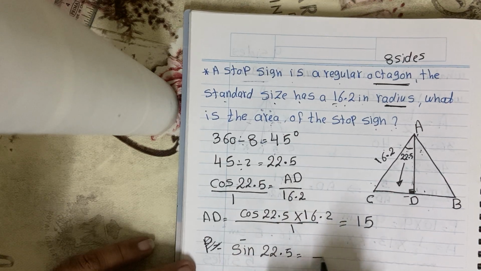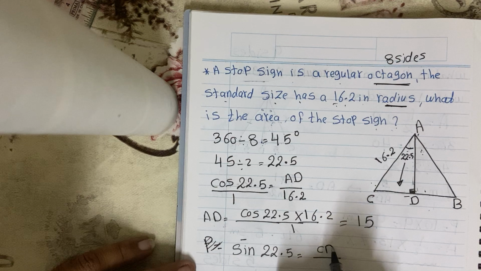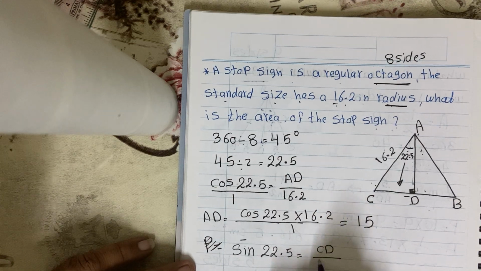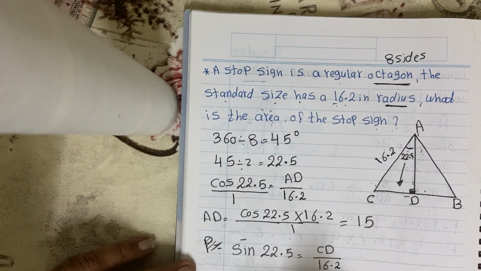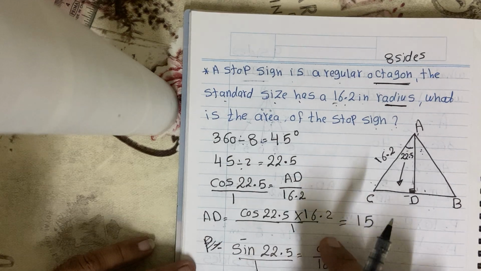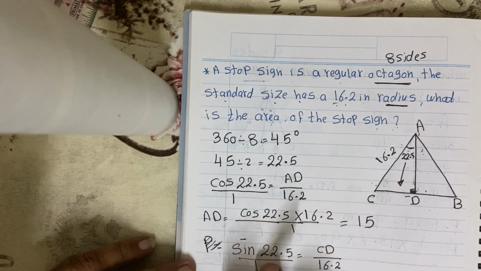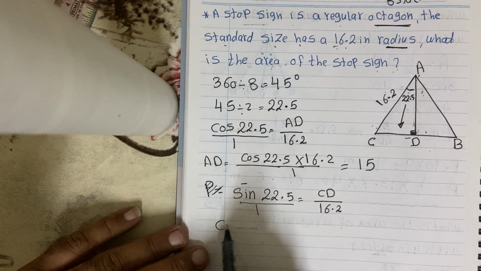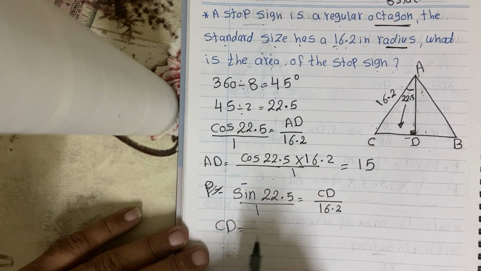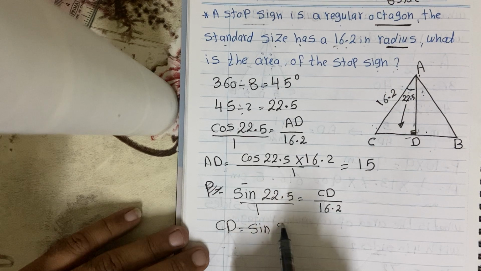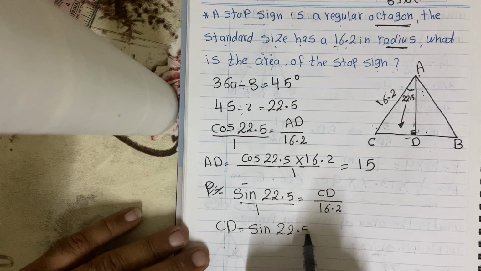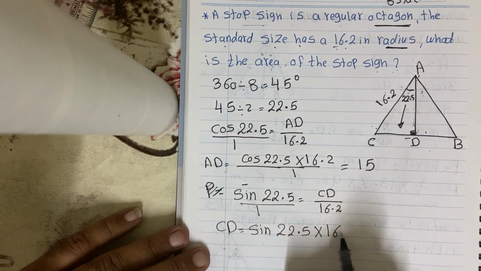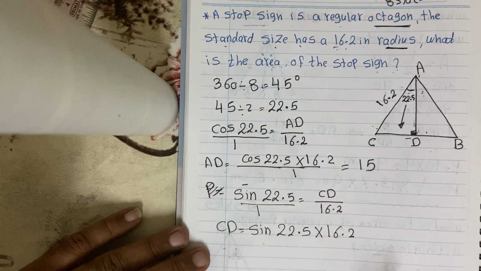Sine 22.5 equals opposite, which is CD, over hypotenuse 16.2. So CD equals sine 22.5 times 16.2.